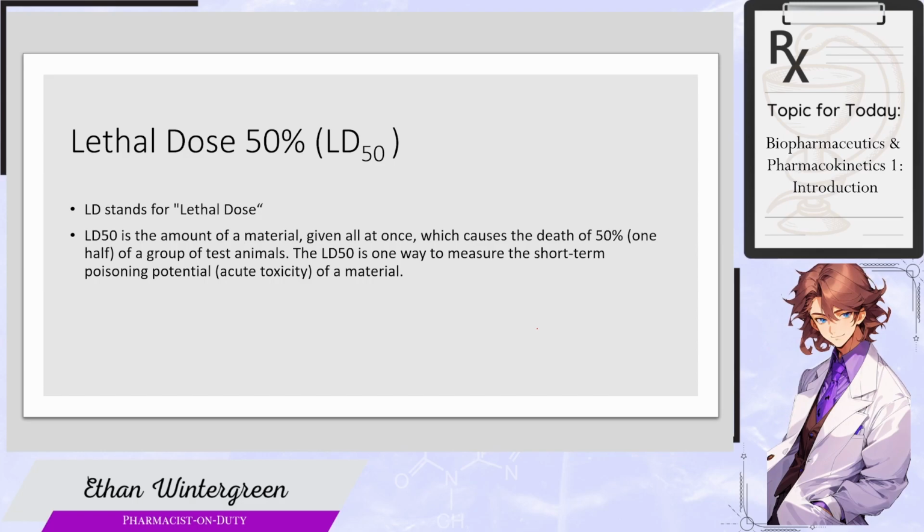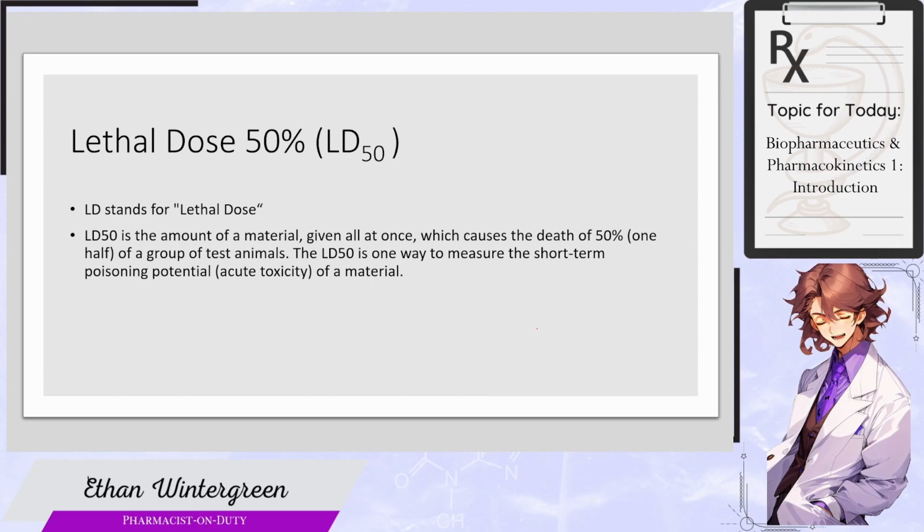So it's one of the toxicokinetic values we use to measure short-term toxicity of a material. So if the lethal dose 50 is very small, it means it's a very powerful poison because it could produce death in low amounts.